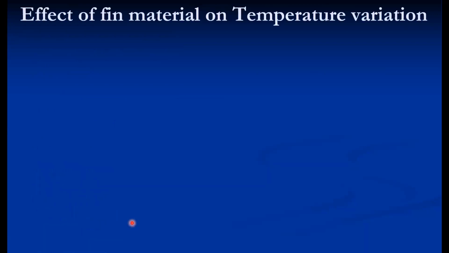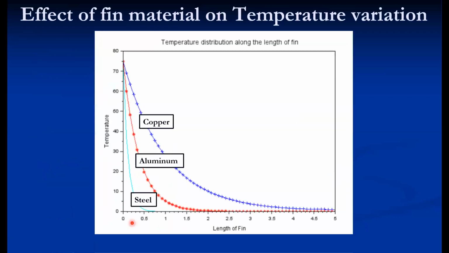And after executing the program, we arrive at this. So first, this is for copper, this is for aluminum, this is for steel, as per the legend values, and we are also using the markers. So we can see in the analysis that the copper temperature variation is not that much. It's a slow variation. So obviously the heat transfer rate for copper is highest, followed by aluminum, followed by steel, because the K value of copper is maximum.